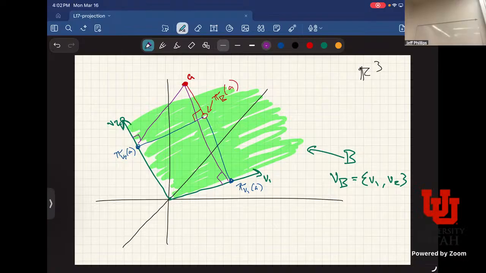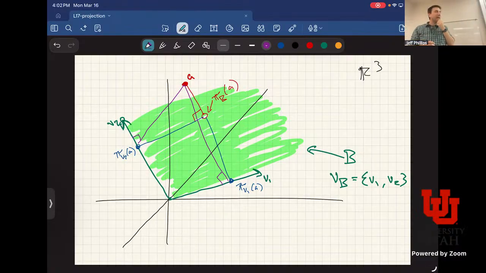It's projecting down onto these 2 points if I project them onto these lines through here. And then to recover pi of B of A, I just add those two vectors together, right? There's a vector here and a vector here. That's the sum of those two vectors with respect to this origin. Okay. They're both vectors in three-dimensional space, and so that red circle is also a vector in three-dimensional space.